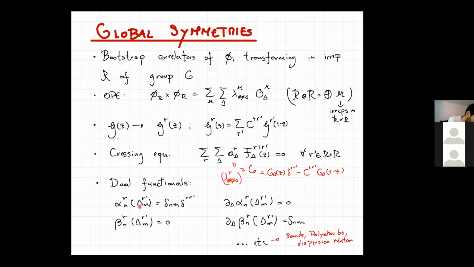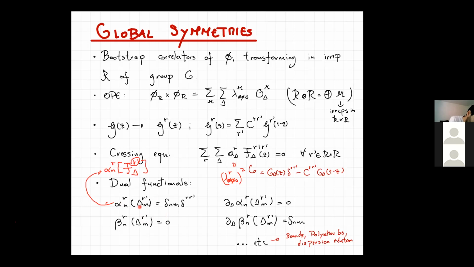What this means, let me know if this helps, is alpha n R acting on the crossing vector in representation R prime and conformal dimension delta. As you change this representation, these crossing vectors are different, right?